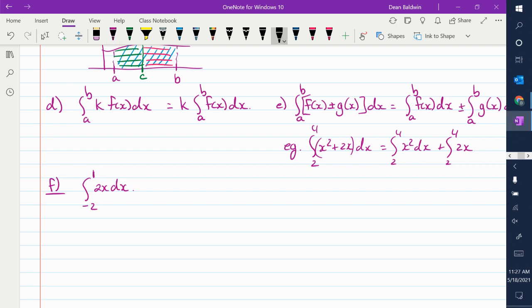So the graph of 2x is a line through the origin with the slope of 2. Looks like this. Okay, that's y is equal to 2x. If we're integrating from negative 2 to 1, there's negative 2, so it's this area.